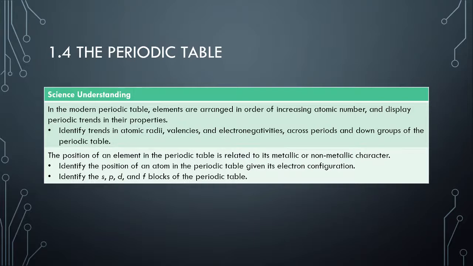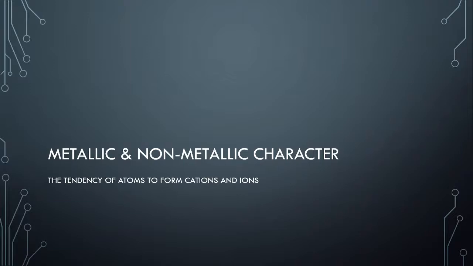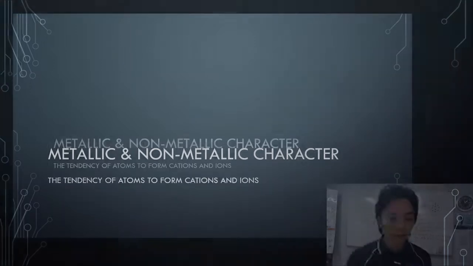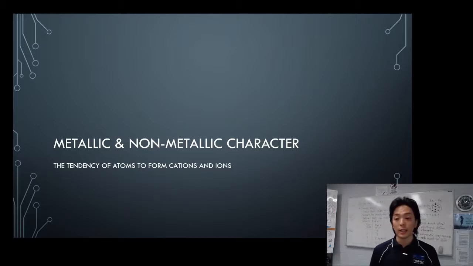Okay, the slide that we'll be looking at is slide 25. Now, let's look at the definition of metallic and non-metallic nature to start with. It is the tendency of atoms to form cations and anions.